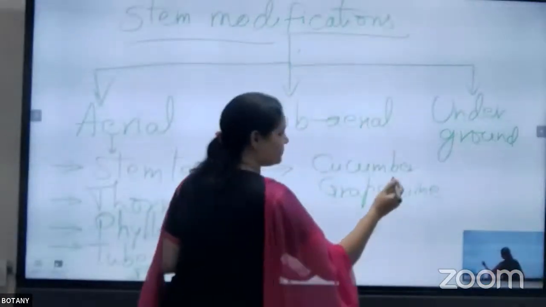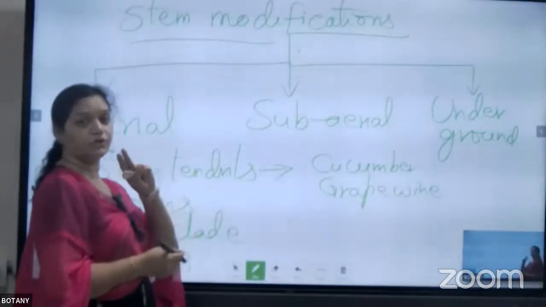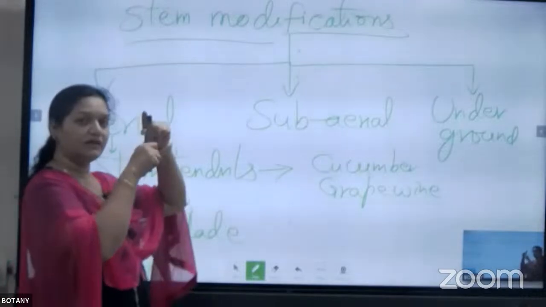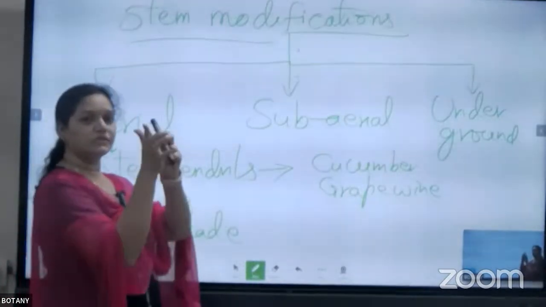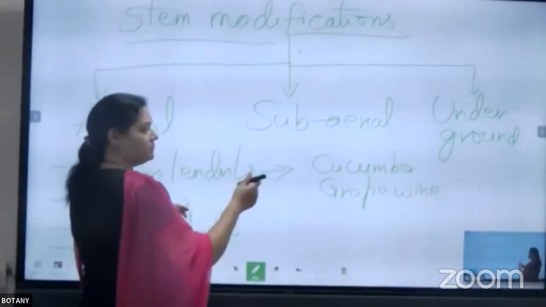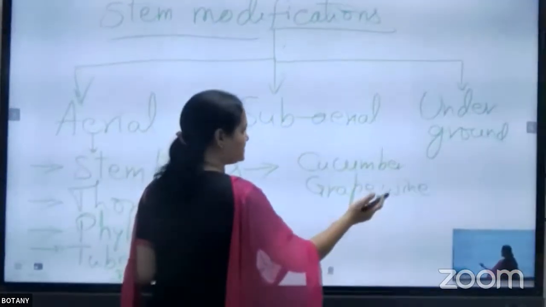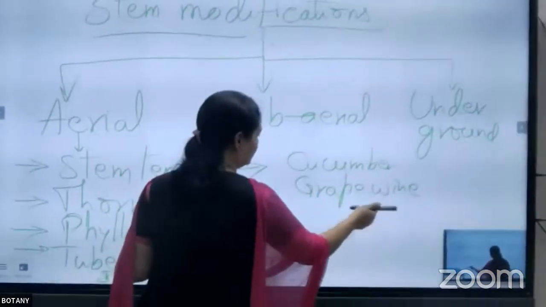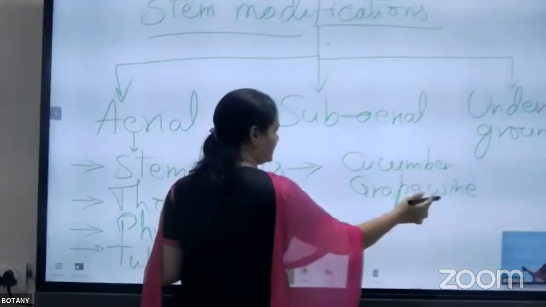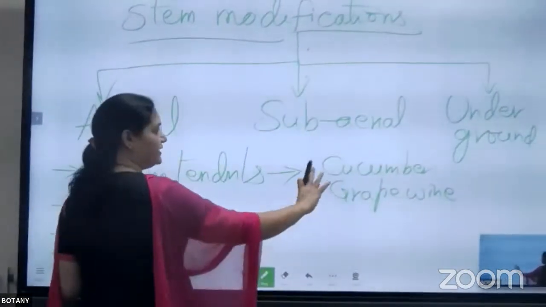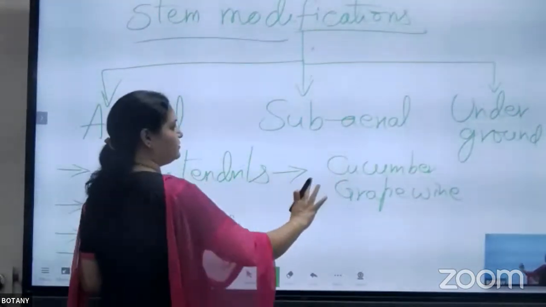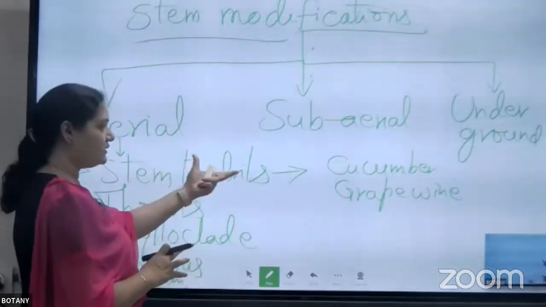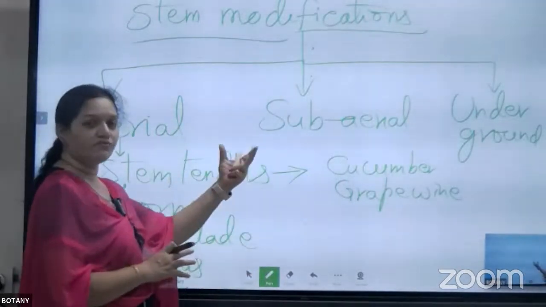So the buds are present at 2 different positions on the stem. That is the terminal bud and the axillary buds. So the terminal bud, whenever it is modified, that is the cucumber, and the axillary buds, whenever modified, that is the grapevine. What we have to write for the stem tendrils: here we can write only the examples, no need of further explanation.